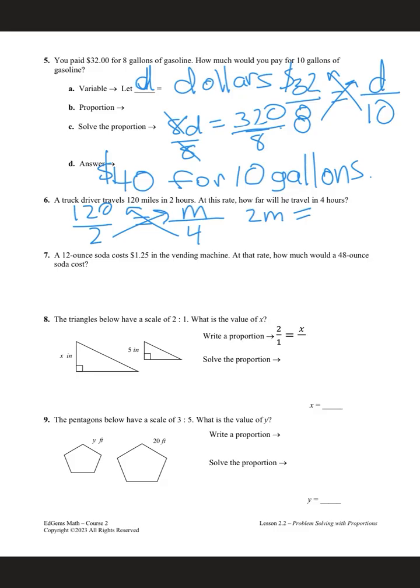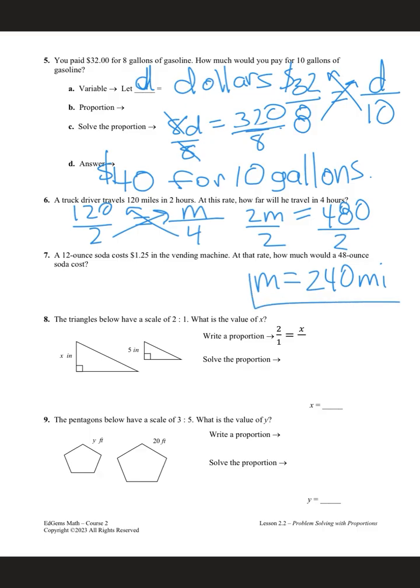And 4 times 120 is 480, I believe. To solve for the value of m, we're going to divide both sides by 2. And m is equal to 480 divided by 2, which is 240. And what is my label? My label is miles. Okay, so that is my final answer for that one.